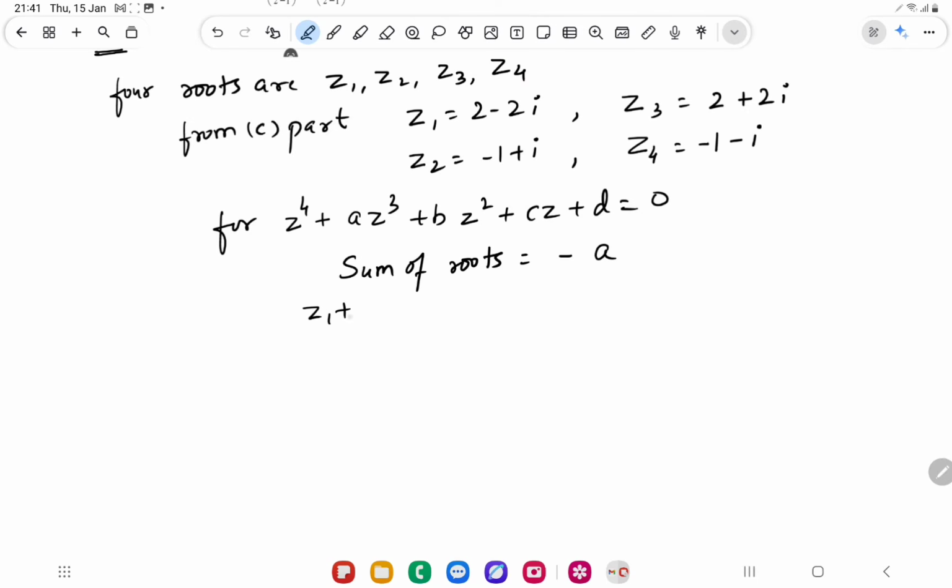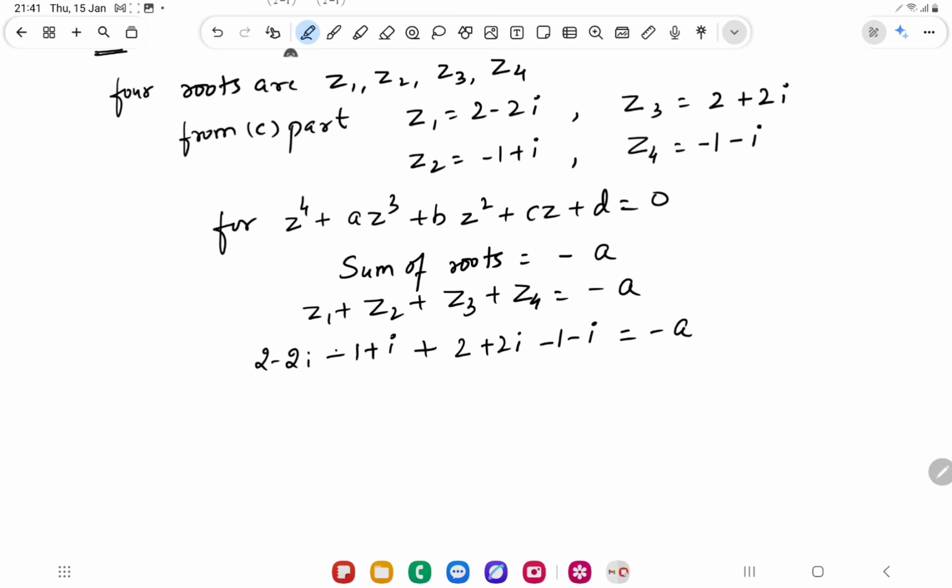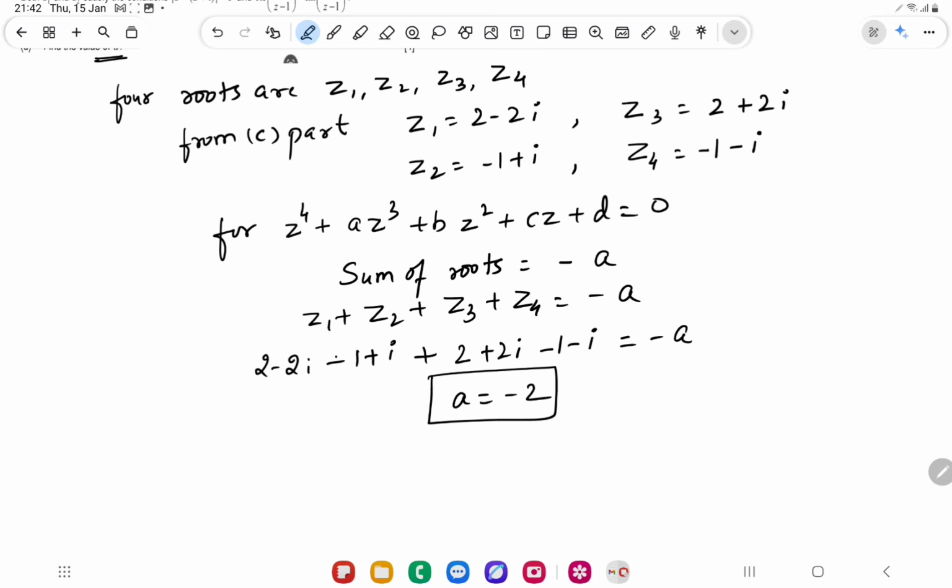So z1, z2, z3, z4, all my roots are being added. z1 is 2 minus 2i, z2 is minus 1 plus i, z3 is 2 plus 2i, and z4 is minus 1 minus i, that is equal to minus a. On solving this, we will get a as minus 2.